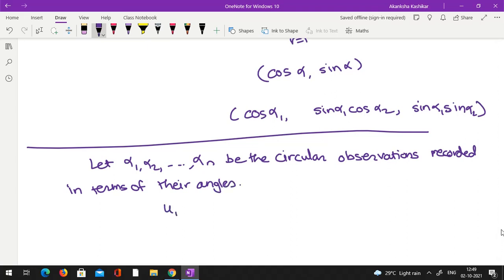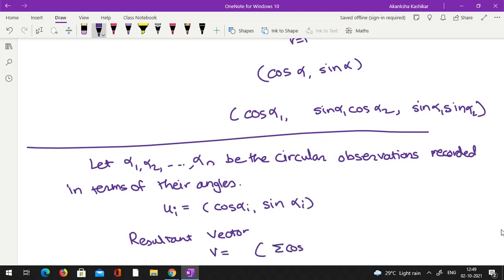Okay, so the ith circular observation is cos alpha i, sin alpha i. Then we first define a resultant vector. How do we define that? The resultant vector V is defined as the sum of cos alpha i going from 1 to n, and the sum of sin alpha i going from 1 to n.